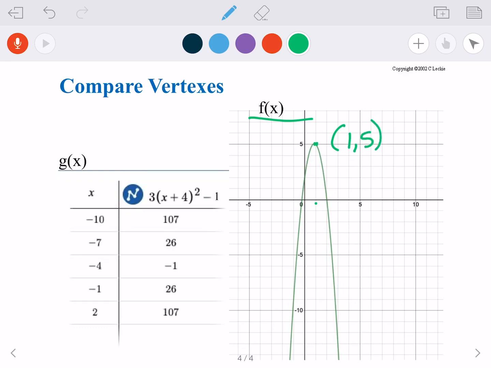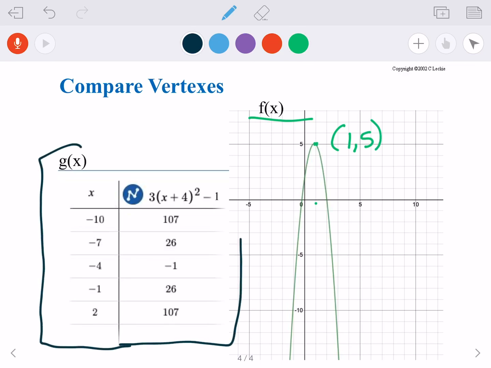The vertex in your table, well, that's a little bit different. I'm going to have to look at values and think through the information they've given me. Noticing my x values, they are starting small and getting larger. So my x values are going up. But what's happening to my y values?